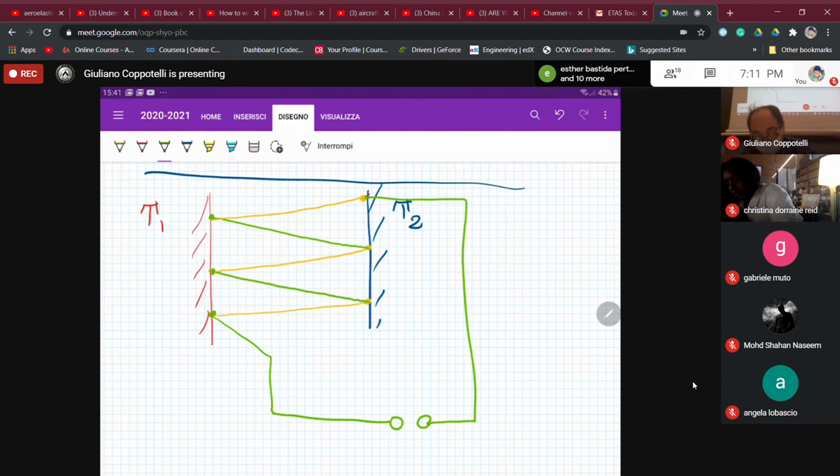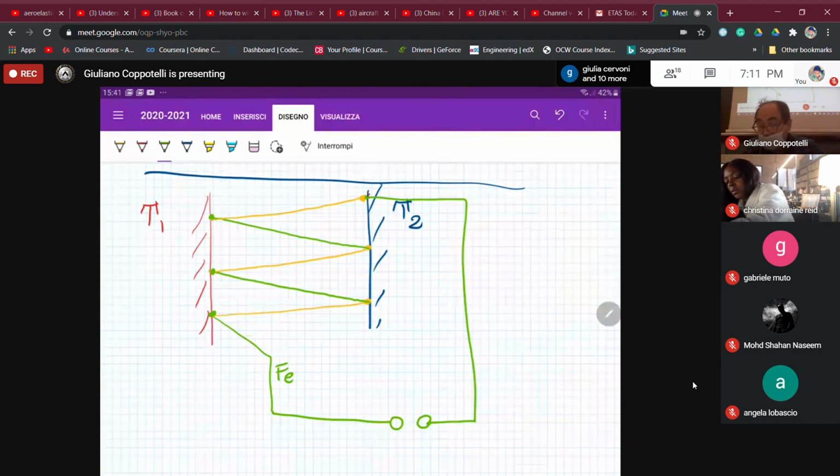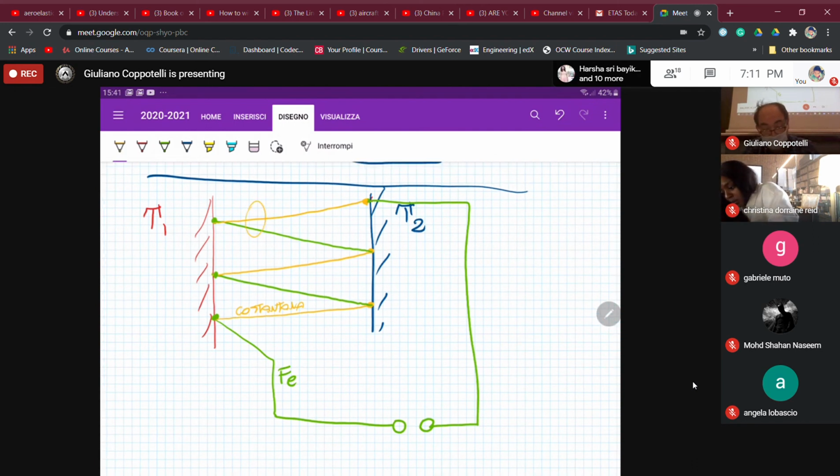For example, here the green material could be something related to steel, and the other one could be something related to Constantan. Okay, we have one thermocouple here, another one there, and another one there.